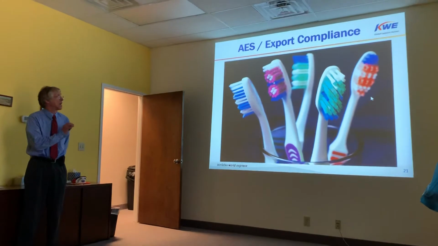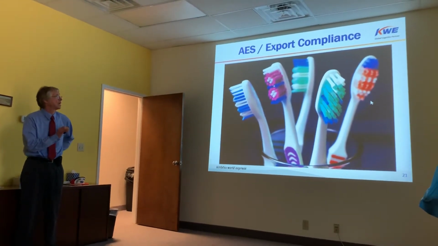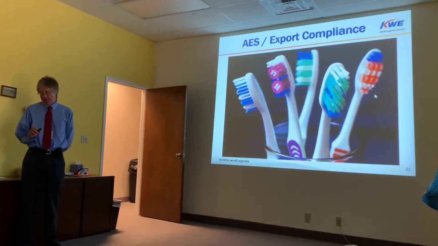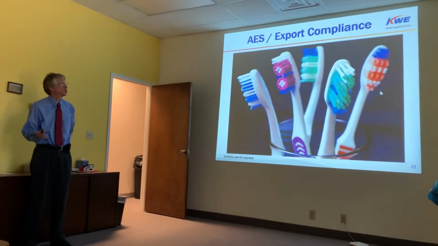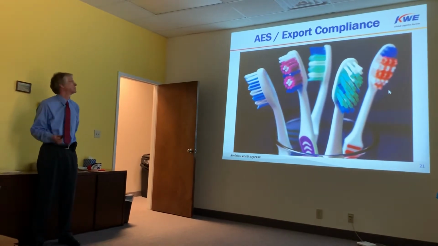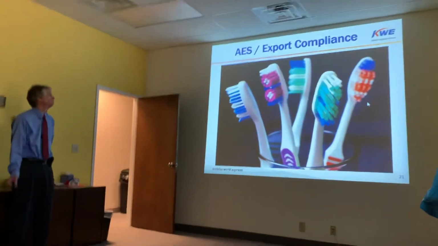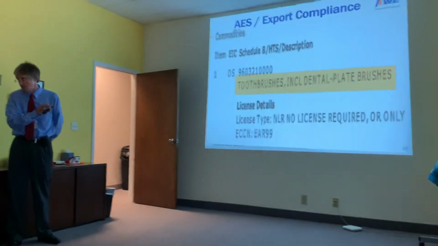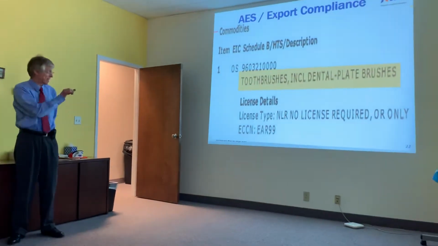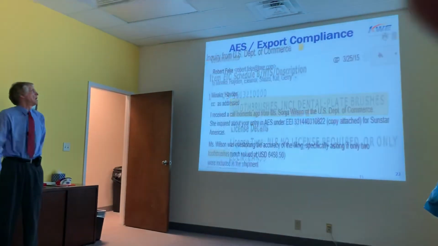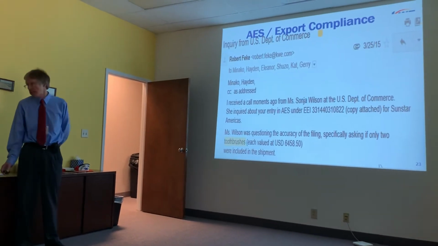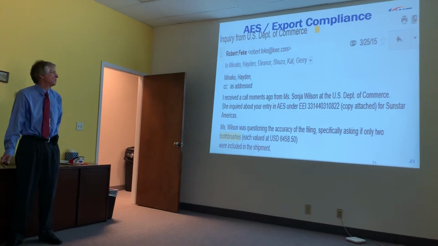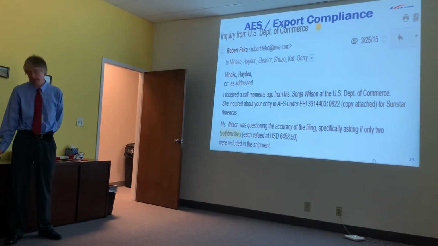Now, this slide takes me to a story that I'm going to tell you about a shipment that we handled some years ago by our Chicago Ocean Department. A shipment of toothbrushes. And this is a section of the EEI that was filed in AES Direct for that shipment. We got a call on that shipment from the Commerce Department asking us to verify the accuracy of the filing.